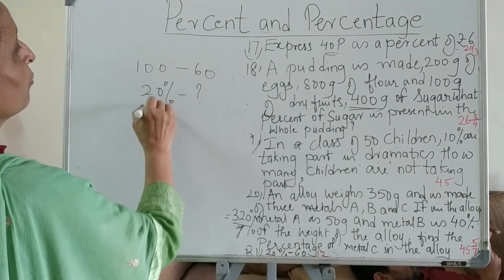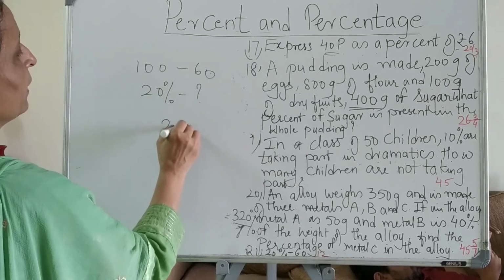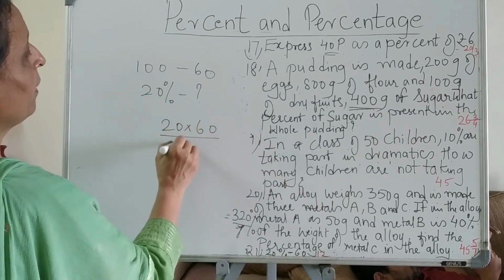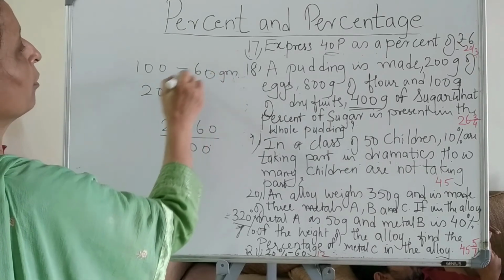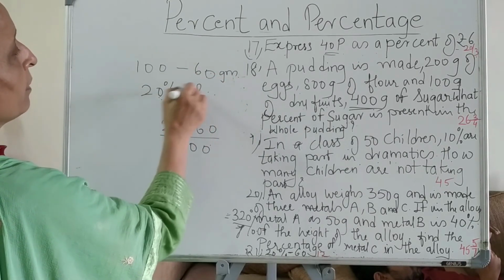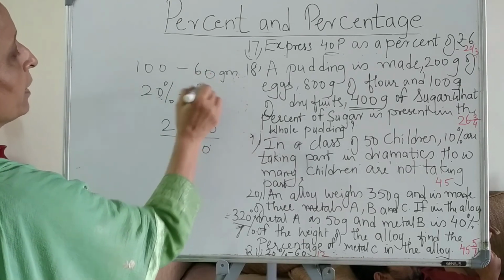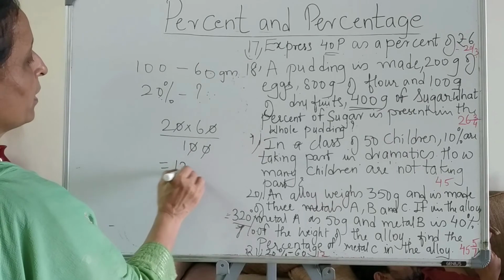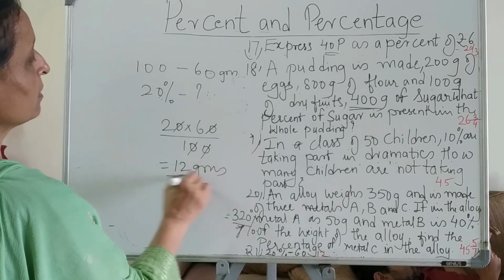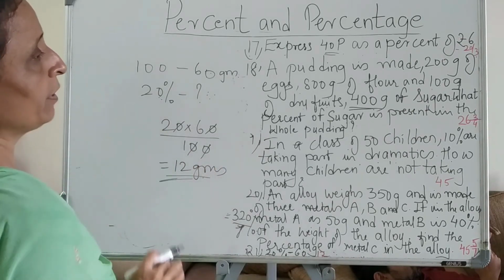So you have to cross multiply 20 into 60 by 100. Supposing this is 60 grams, you have to find out what is 20% of this, how many grams. What you have to do is this way and you get 12 grams. So this is how the percentage can be found out.